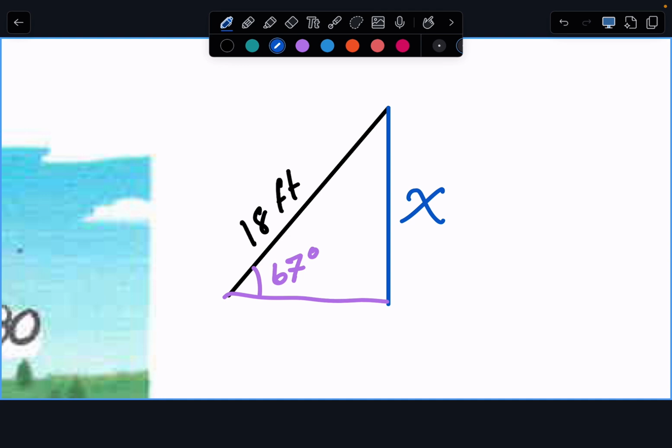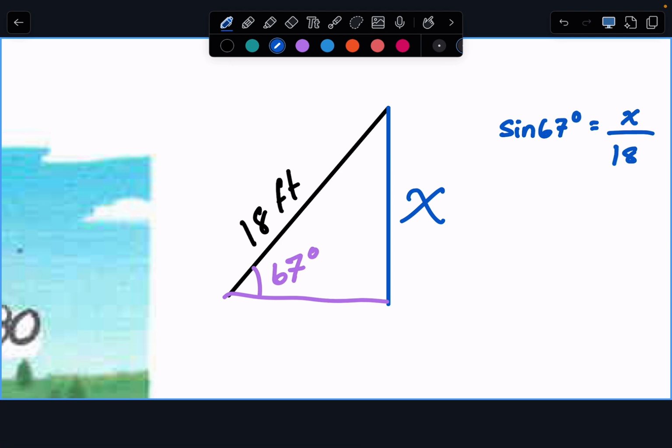Opposite over hypotenuse, which is sine. So sine of 67 degrees equals x over 18. Make sure that when you hit this point of your test, you're in degree mode, not radians. Change it to degrees on your calculator.